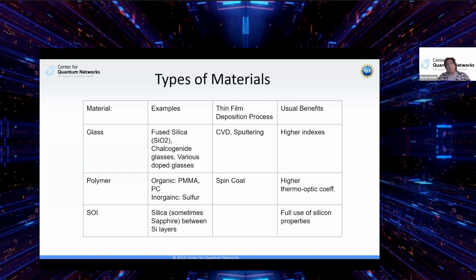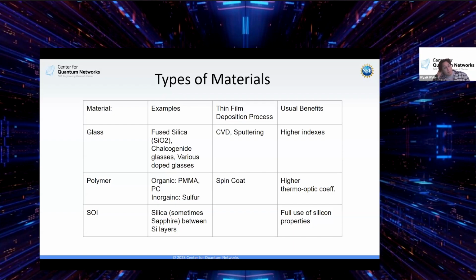Because of that, you'll be able to take full advantage of all the properties of silicon, because silicon has an index of about 3, and this is all at 1550 nanometers. Because it has such a high index of refraction, it allows you to make very dense devices and very dense architectures, and small waveguides. And so you're able to fit a lot more on there. We'll talk a bit more about that later.